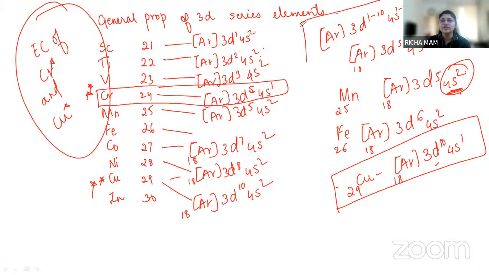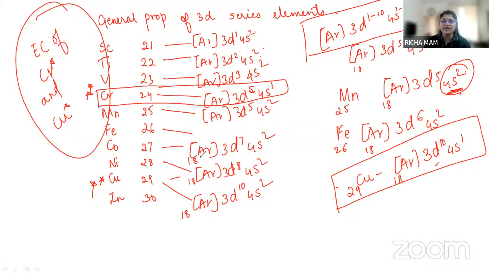So this is the general electronic configuration of your 3d series. Very important: chromium and copper show exceptional electronic configurations, that is 3d5 4s1 and 3d10 4s1. What is the reason? For extra stability.